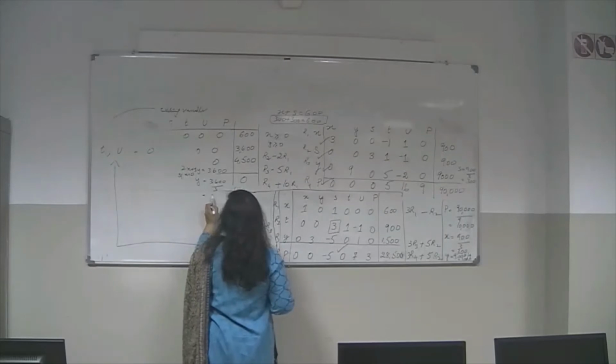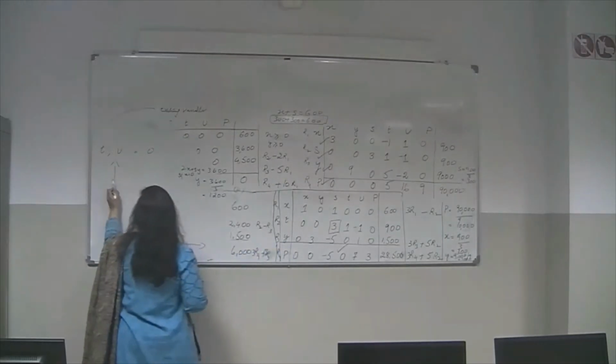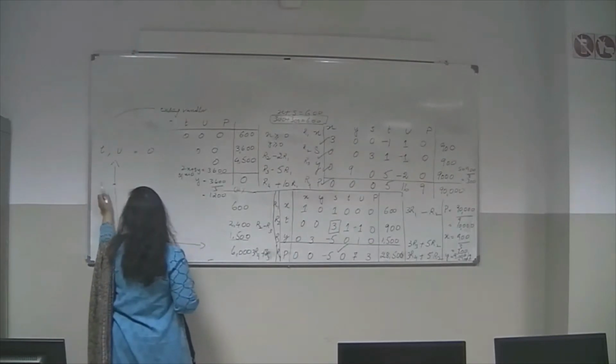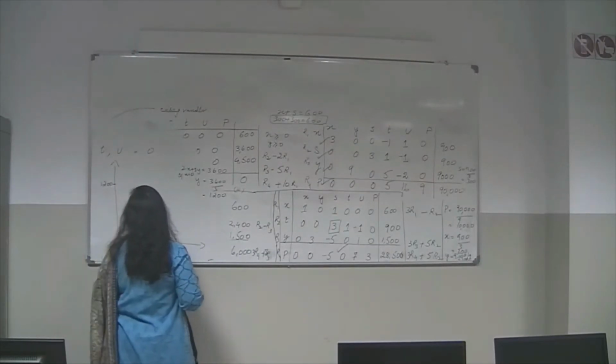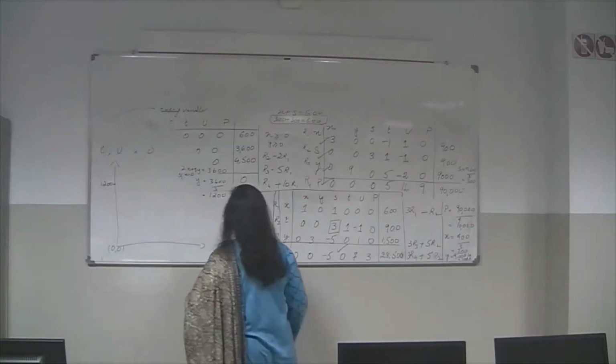So 3 ones are 3, this is going to be 1200. So we can have a 1200 value here. This is 0, 0, where all the coordinates, in this case x, y, are 0.